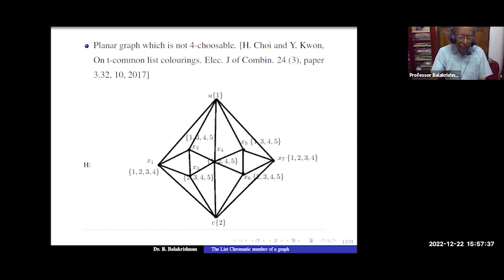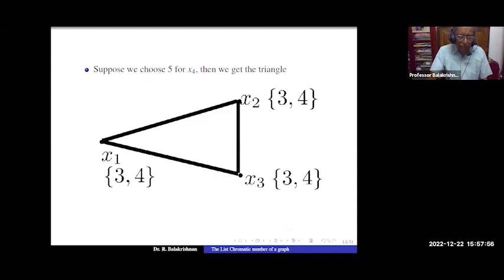Suppose I take one particular edge, 1, 2, then I embed this on this. Similarly, I embed it on others. But whatever the resulting one, next one please, and the next one.